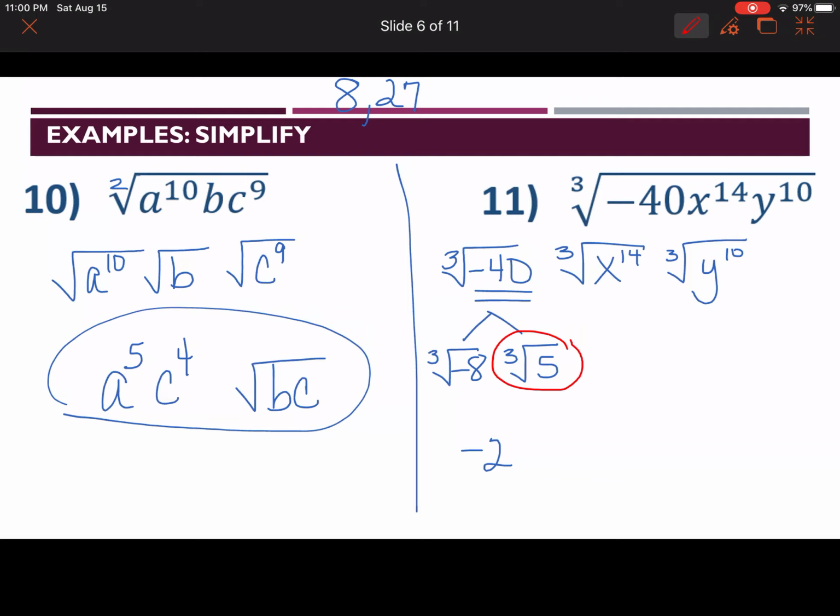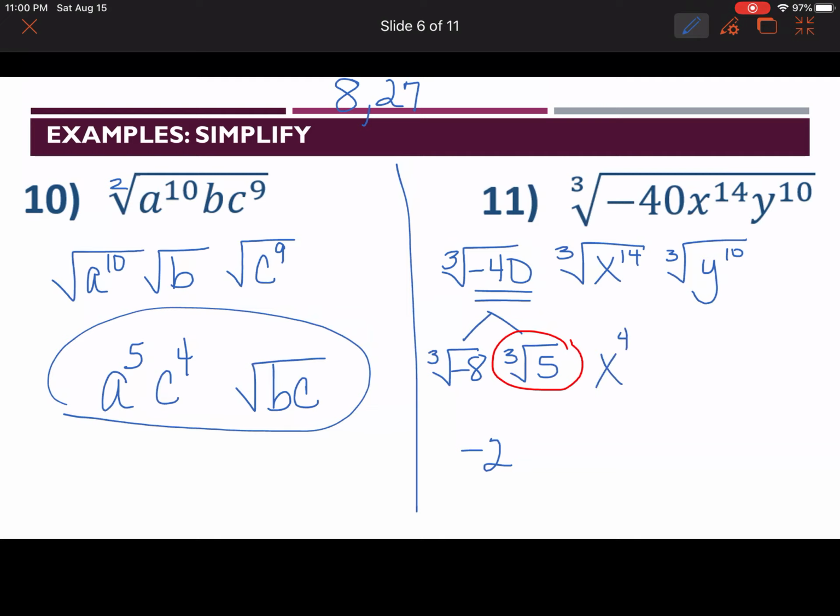So now let's look at our x's. I have 14 people, and I need to make groups of 3. So 3 divides into 14 4 times. So I can make 4 groups.